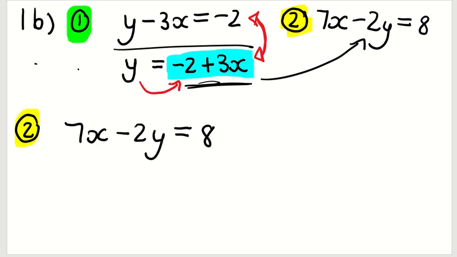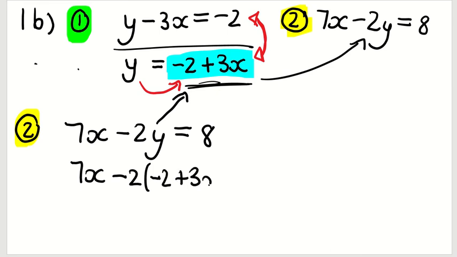But as you guys saw, I got the value for y now. So, where the y now stands, I'm just going to put that in. Okay, that is what I mean by substitution, to put in. Okay, so now it will actually say 7x minus 2 and in y's place now is going to be minus 2 plus 3x.